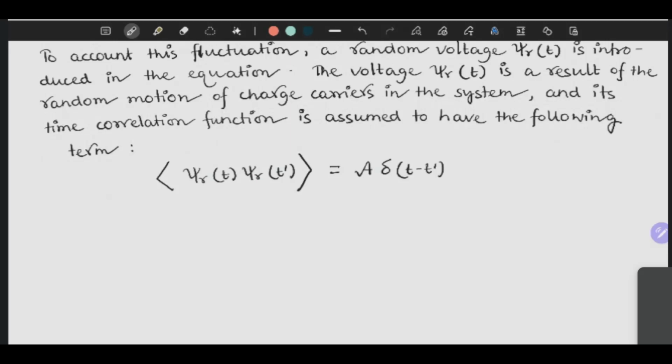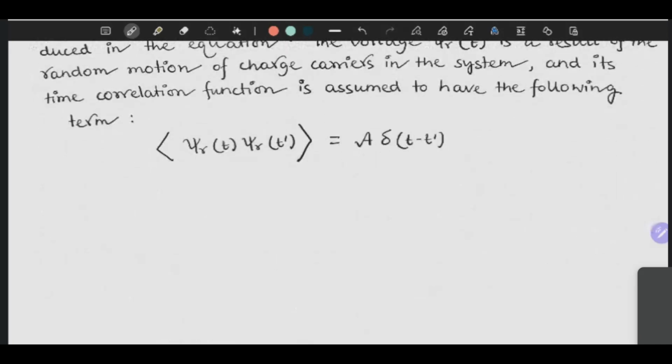Now that A should be calculated from this distribution of Q square.